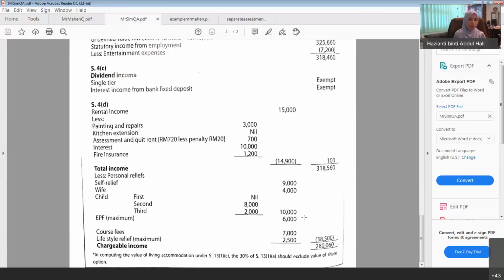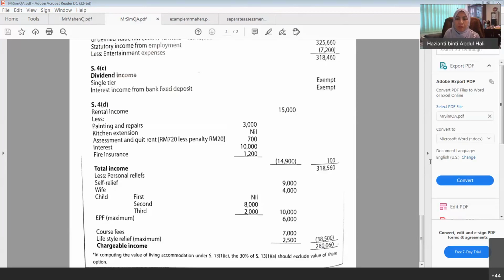Any figure? Tax payable for Mr. Sim? Okay, I have one answer here, 54,264.7. Anyone else? Same.